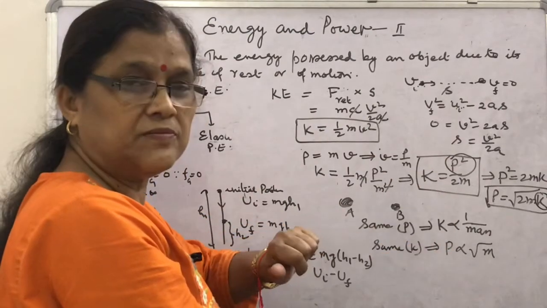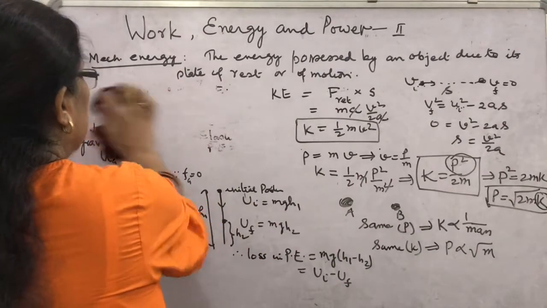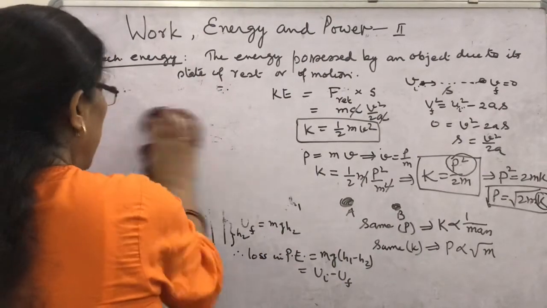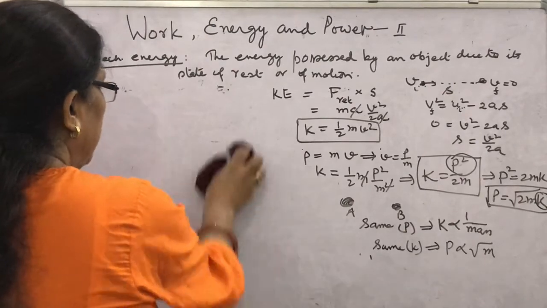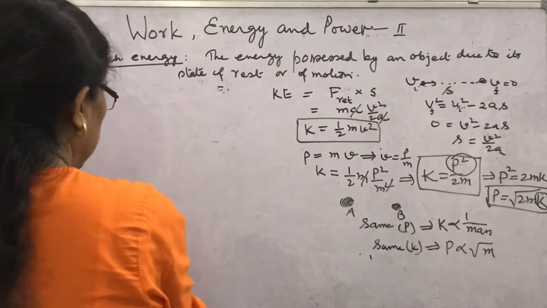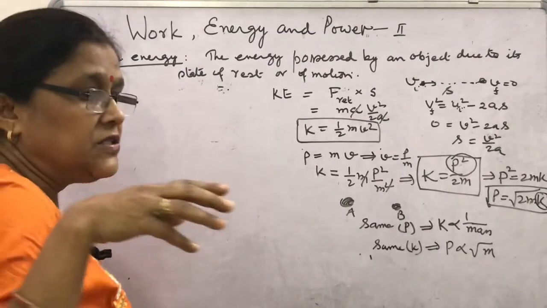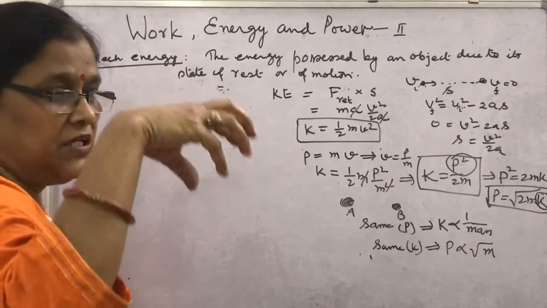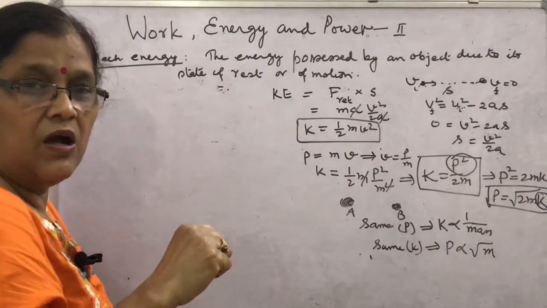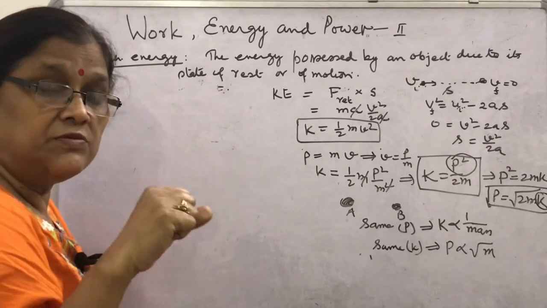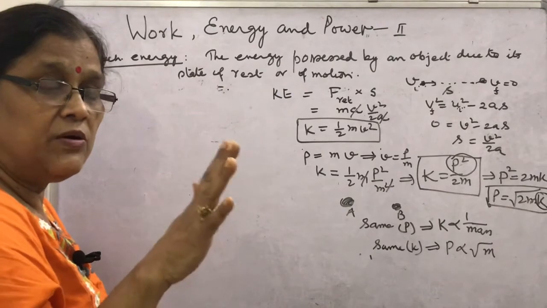I have shown. Now, the very important theorem, work energy theorem. In the previous video, I asked the question that if there is an object which is moving in a straight line, its initial velocity and final velocity is given, how will you find what is work done by it? Then what is the amount of work done?